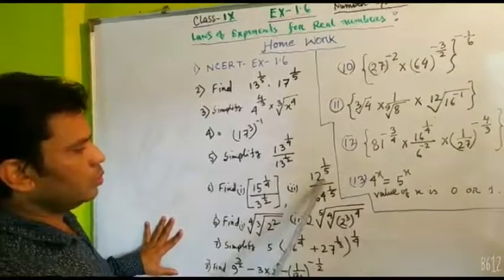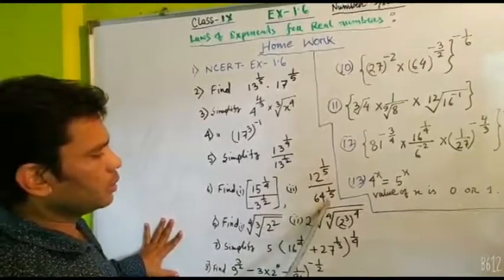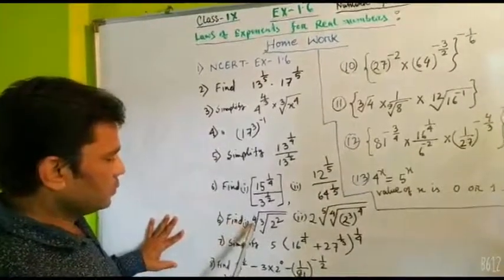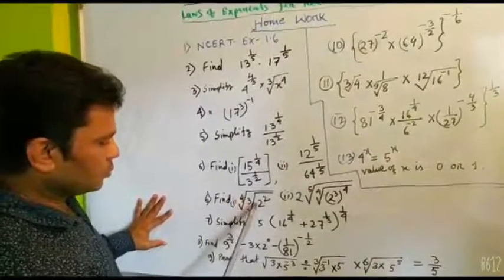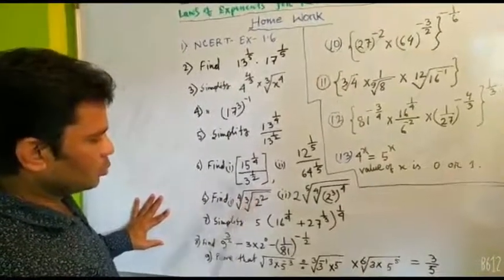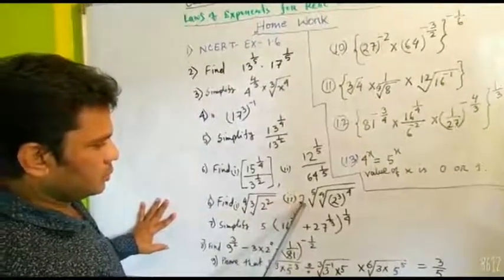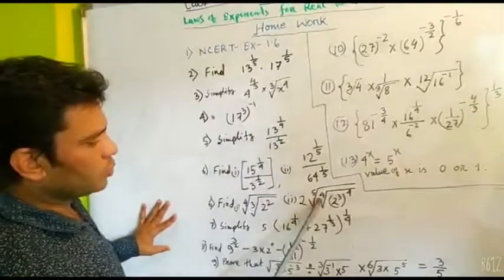Find cube root of 2 to the power 2, and here 2 into 5th root of, here 4th root of (3 to the power 3) whole to the power 4.